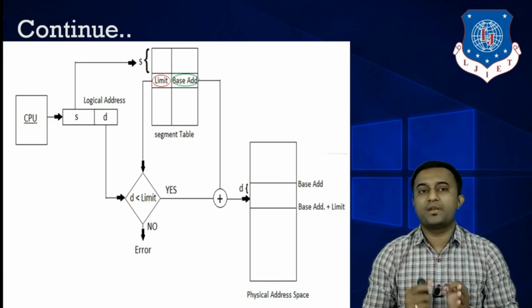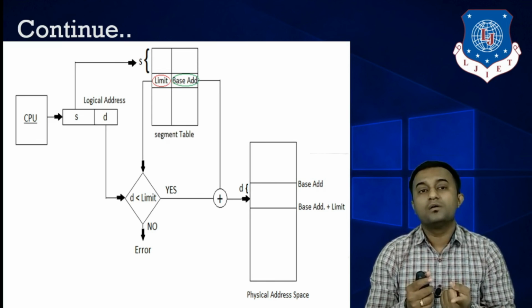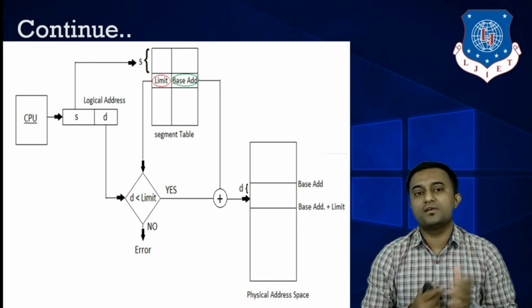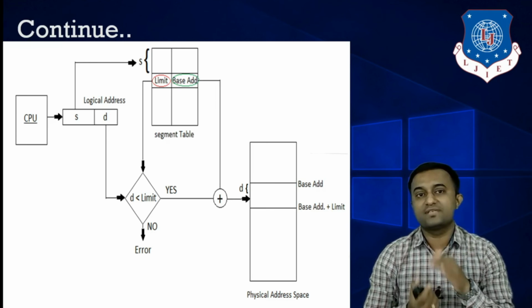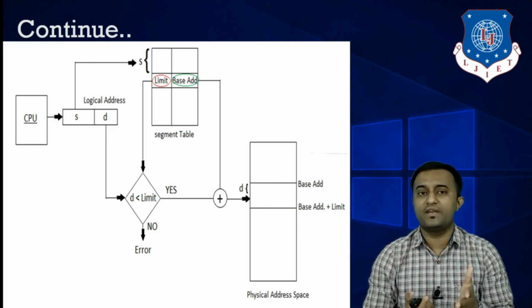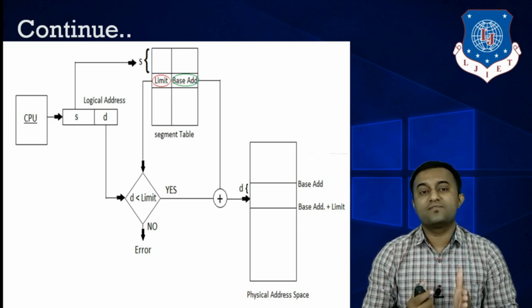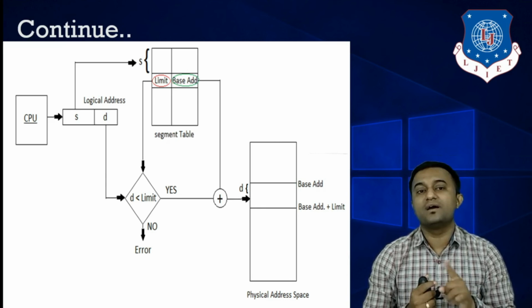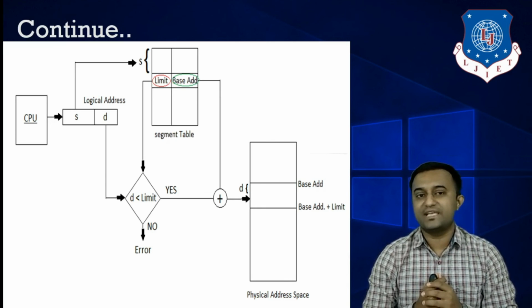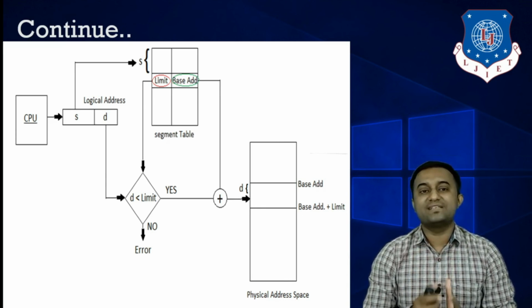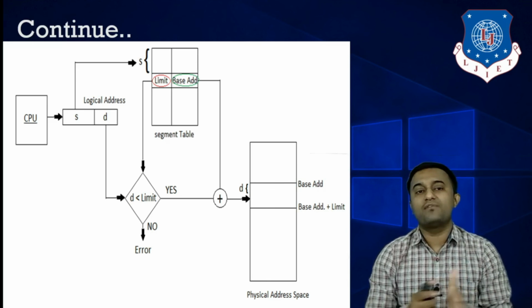But what will happen if the CPU is demanding, for example, 200 bytes of segment 1 and the actual size is, say for example, 300? Definitely this condition would be true because the demanding size is less than the actual size of that segment. If the condition is satisfied, in that case what will happen?